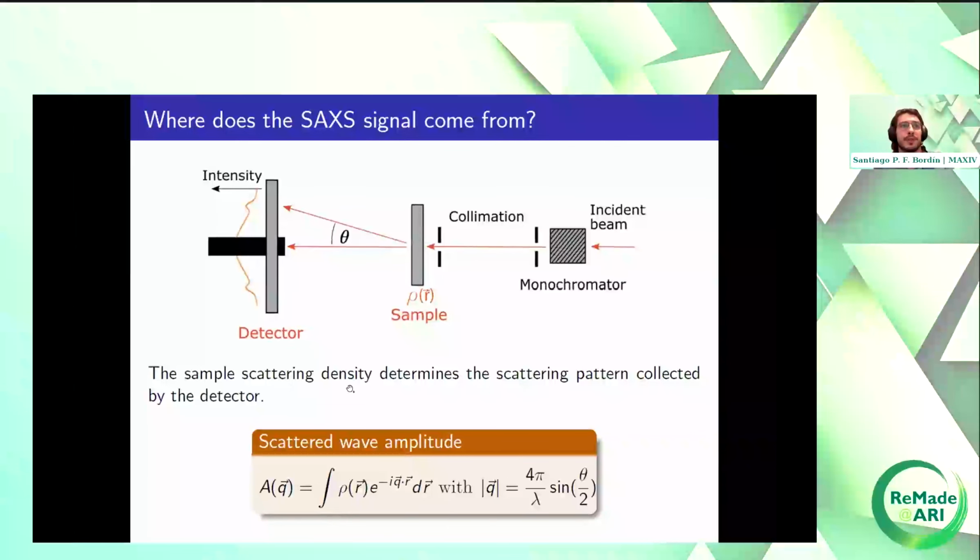detector. So the scattered wave amplitude will be the integral of this scattering density multiplied by a phase, with this Q vector, that is the scattering vector, that depends on the wavelength of the incident beam, also with the angle at which our beam is scattered.